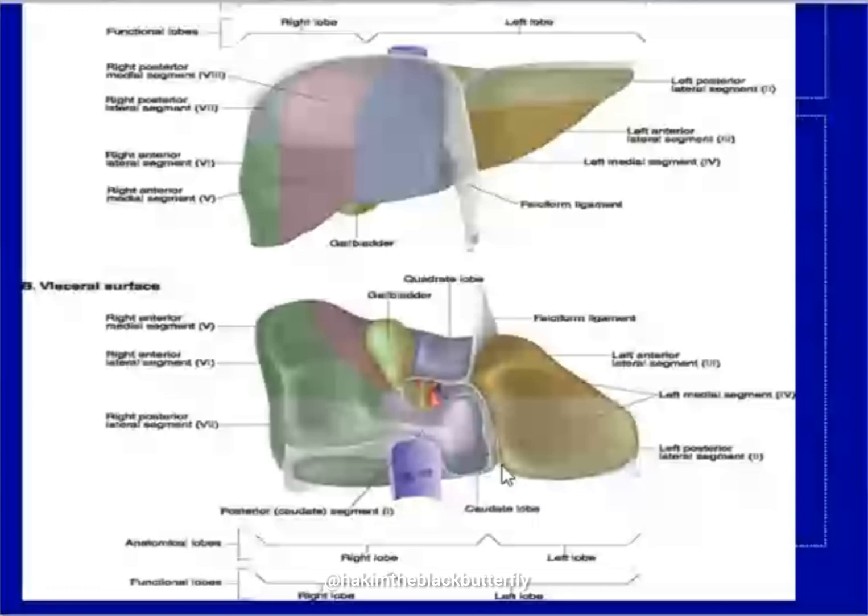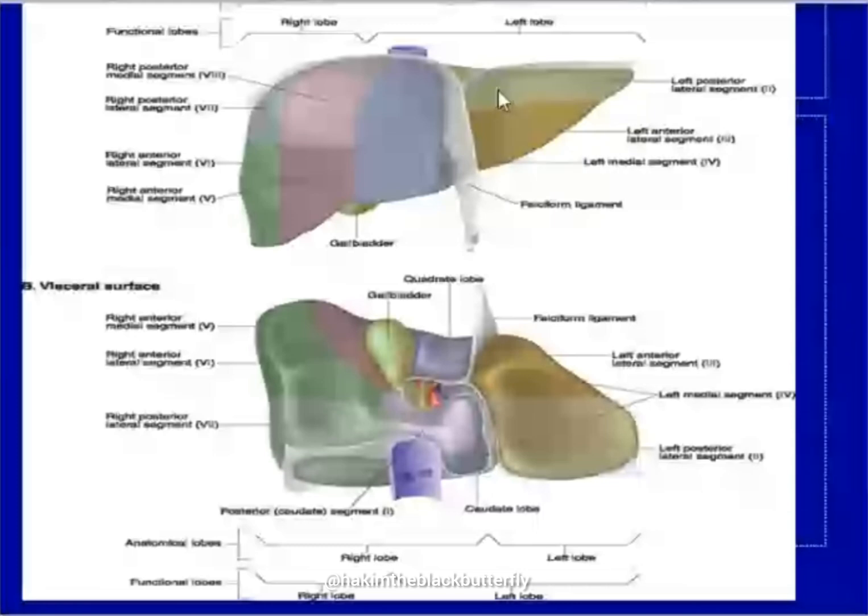So the basis of the anatomical lobes is dependent on which side of the falciform ligament the lobe is located. And for the anatomical lobes, we said on the right of the falciform ligament, right anatomical lobe. On the left of the falciform ligament, left anatomical lobe.